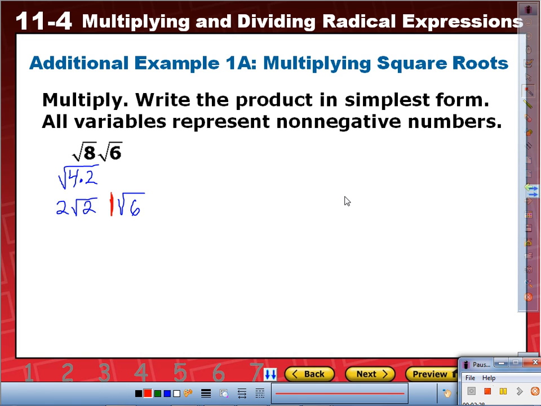So, according to the step, it says coefficients times coefficients. 2 times 1, that is 2. Radicals times radicals. 2 times 6, that is 12. Are we there so far? And then at the end, the last step was to simplify again. Can I simplify the 12?